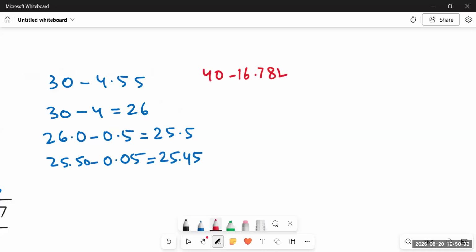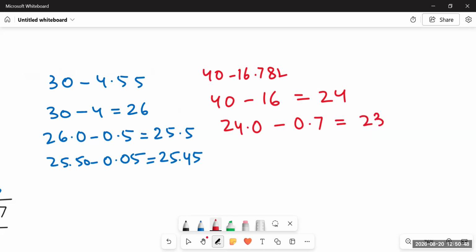So it will be 40 minus 16 in the first step. 40 minus 16 is equal to 24. Now 24.0 minus 0.7. 240 minus 7 will be 233. So it's 23.3. Then 23.30 minus 0.08.